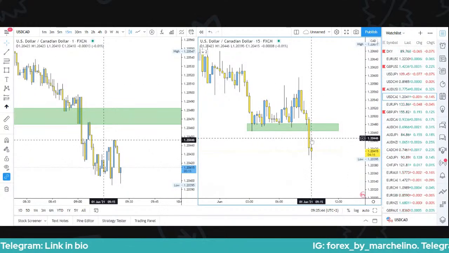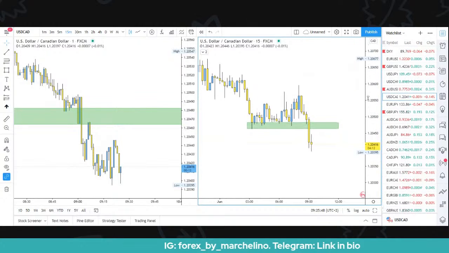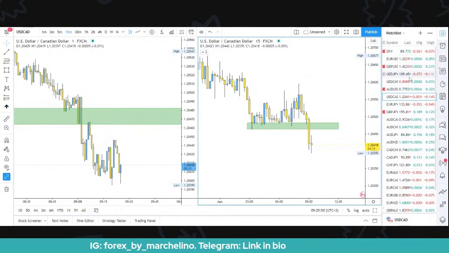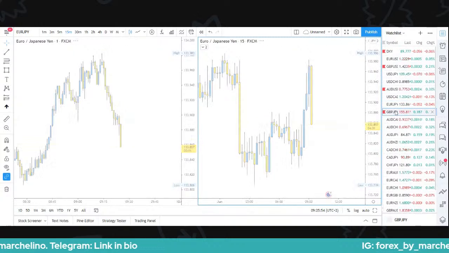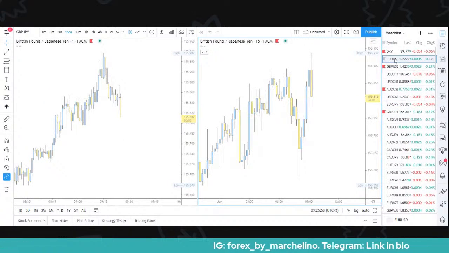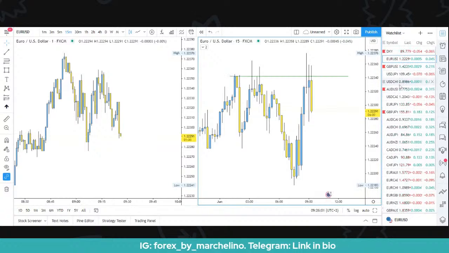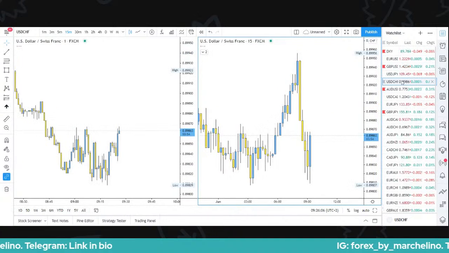Break of a key level with momentum, wick. We should continue down. Go for 1 to 2. Euro is losing strength like nothing actually. We can't trade that though.